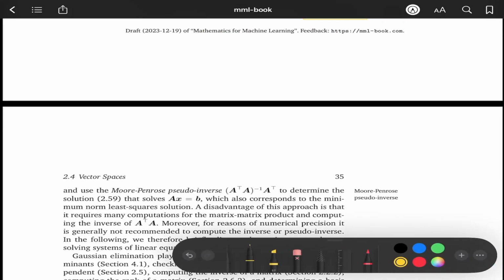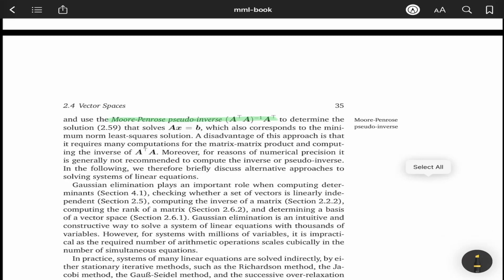Interesting. This part here is called the Moore-Penrose pseudo-inverse. To determine the solution that solves Ax = b, which also corresponds to the minimum norm least square solution. A disadvantage of this approach is that it requires many computations for the matrix-matrix product, and computing the inverse of A transpose A. However, for reasons of numerical precision, it is generally not recommended to compute the inverse or pseudo-inverse.